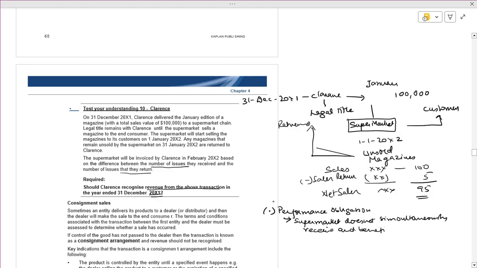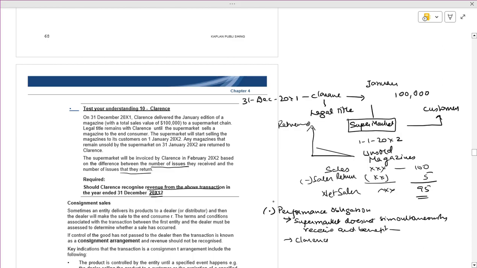Because the supermarket will benefit only when the magazines have been sold. If the magazines are not sold, the supermarket will not have any benefit. Okay? What happens to Clarence? What happens at a point in time will recognize.